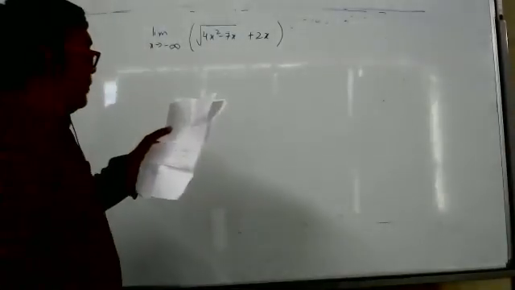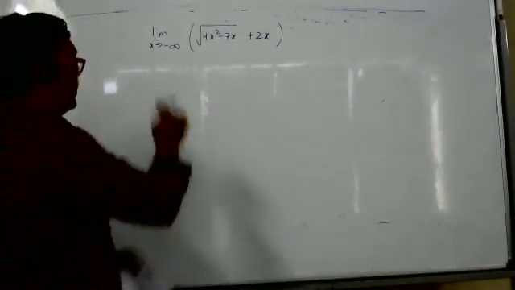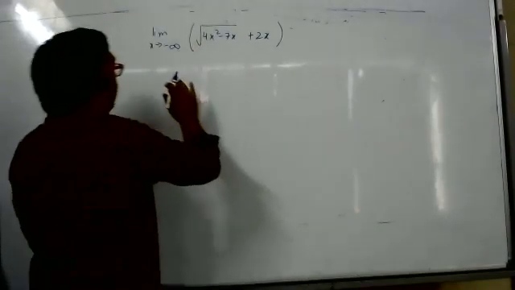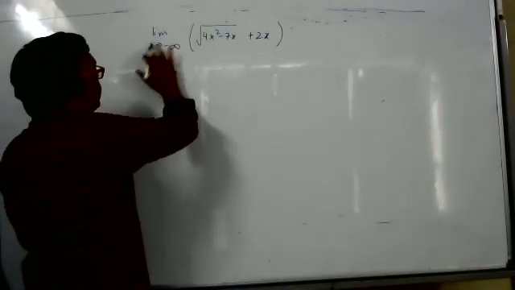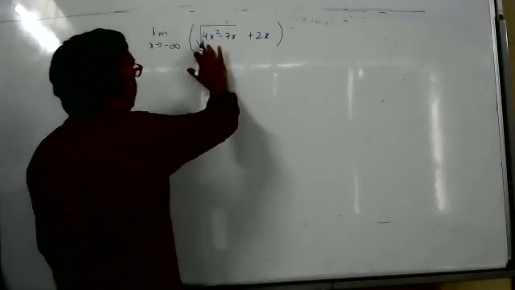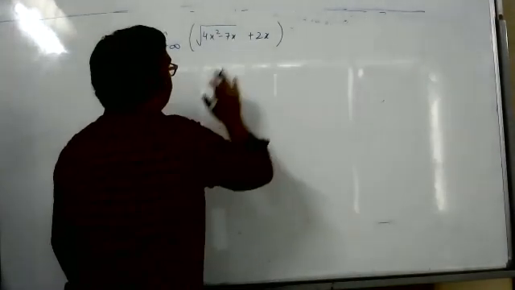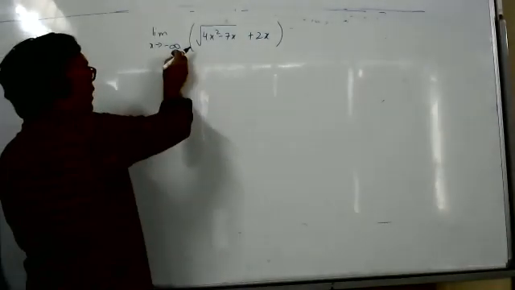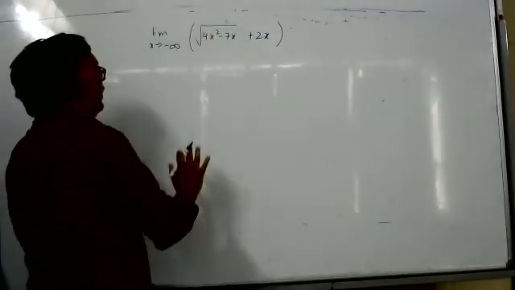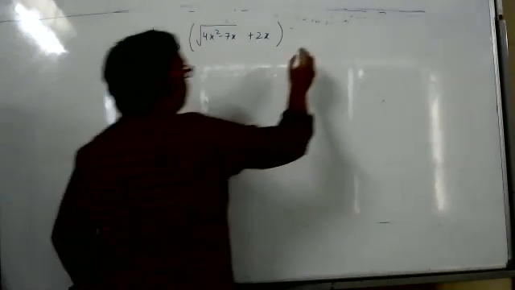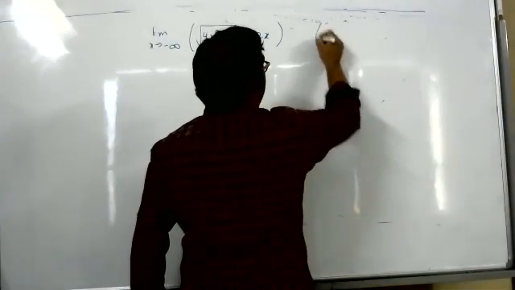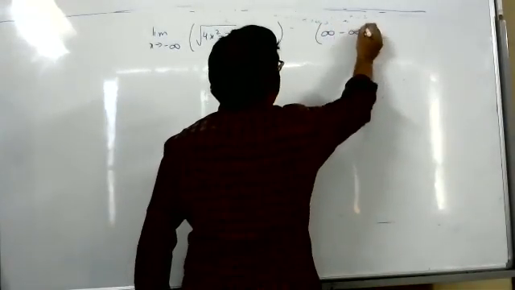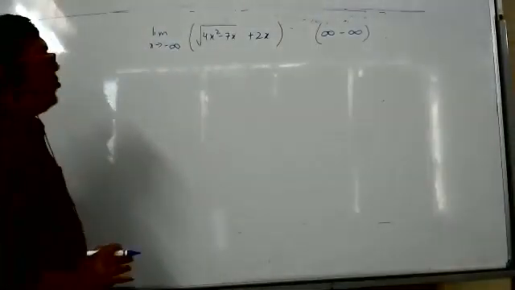So this is a sum which we have already done, but there are some mistakes, so I will do it again. Bhushan, see on the board: limit x tends to minus infinity, square root of 4x square minus 7x plus 2x. If we directly put minus infinity in the place of x, we will get infinity minus infinity form.